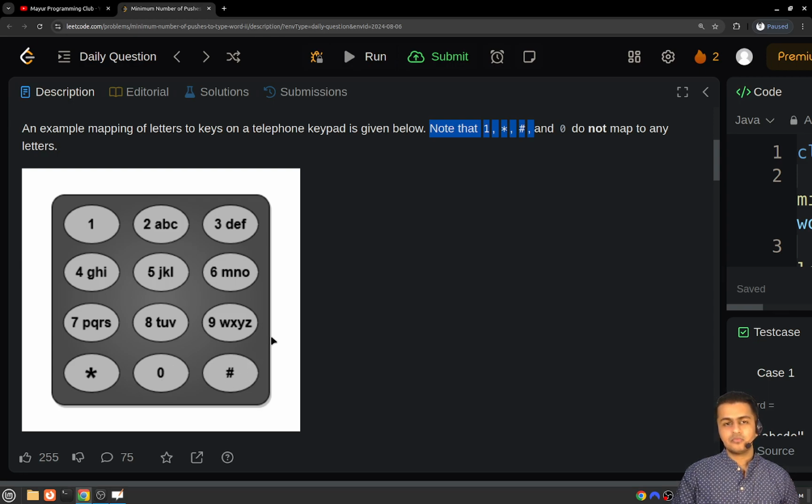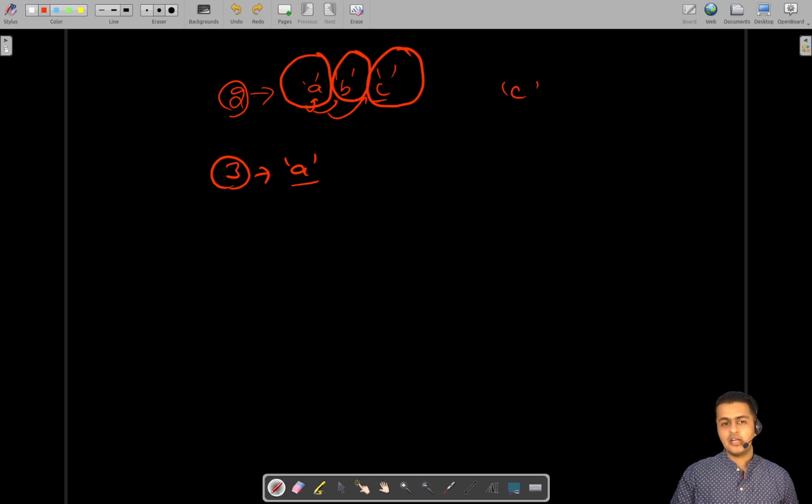In a way you are having only 8 options, keys 2 to 9. You can do any one to one mapping of the characters with these key numbers, just like we did here. So this kind of situation should not occur, otherwise it's fine.